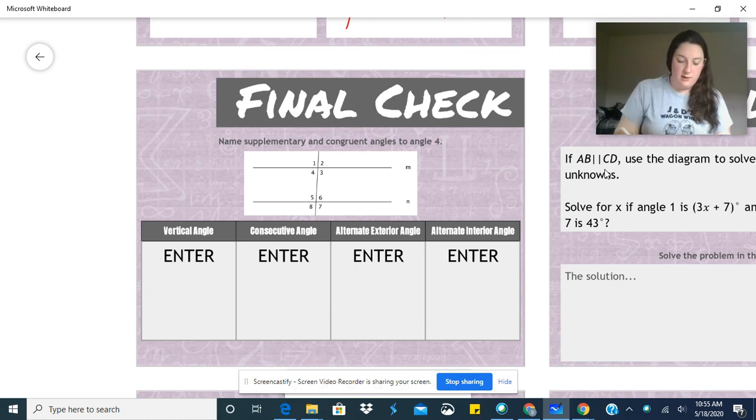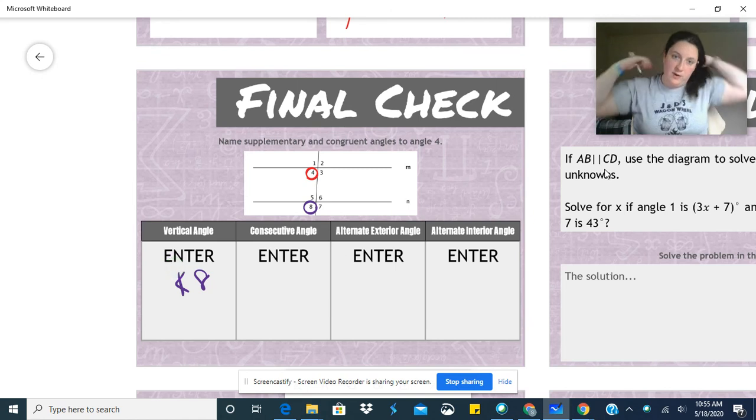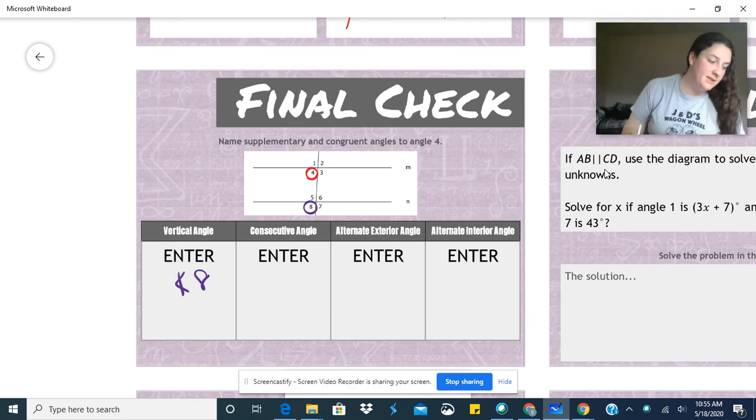So your vertical angle, when looking at your chart, here's angle 4, right? Your vertical angle would be angle 8. It is in the same spot. If you were to overlay them, your consecutive angle, which is your angle that would create your supplementary angle, would be angle 3.